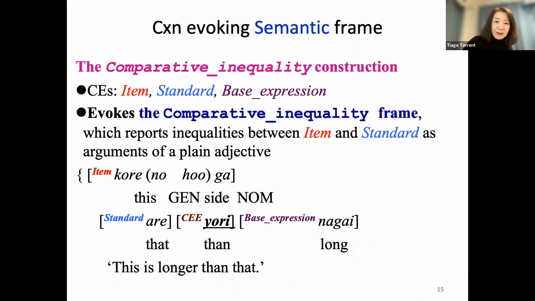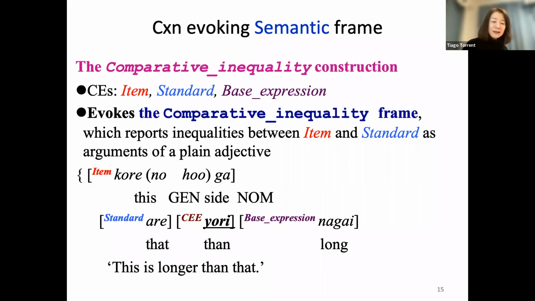Let me give an example of a semantic frame. A construction that evokes a semantic frame in Japanese is the comparative inequality construction. I use the same term as the English construction. An example is written at the bottom of the slide. これの方があれより長い.